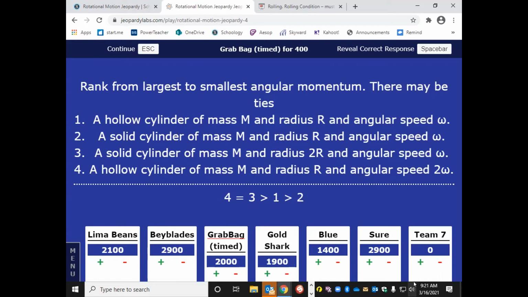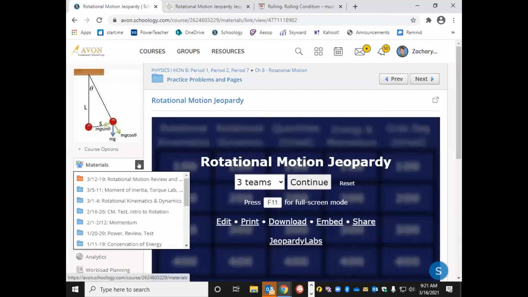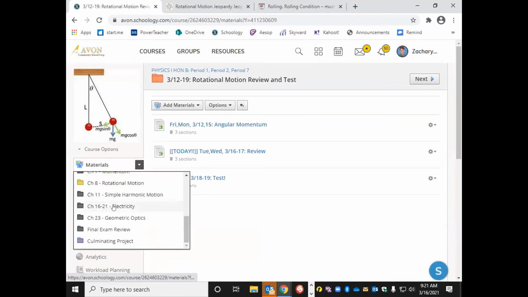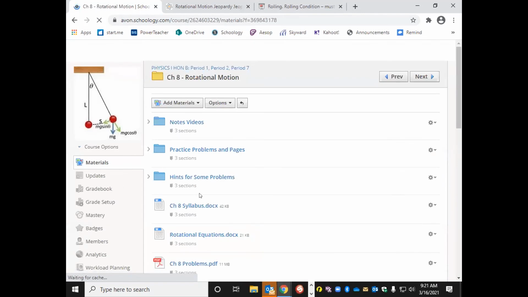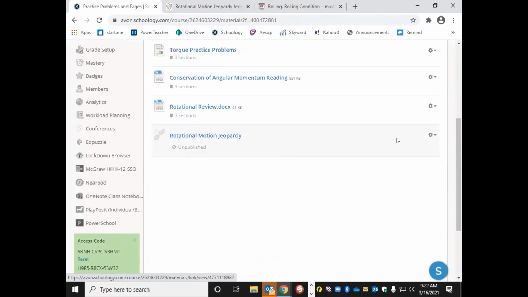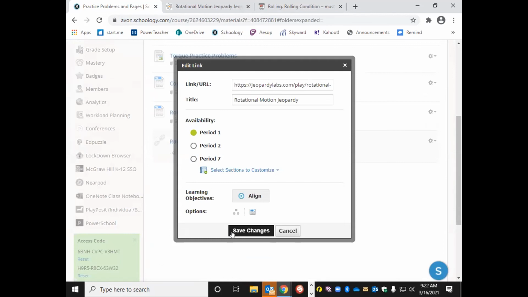All right. If you would like to look at this at home, I'm going to show you where you can find it. I have to actually unlock it for you because I don't have it unlocked yet. But if you go to the yellow folder, the chapter 8 folder, practice problems and pages, I will publish this for you right now, publish for period 1.